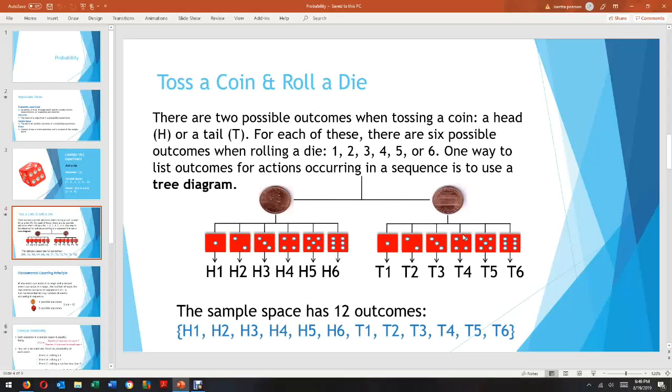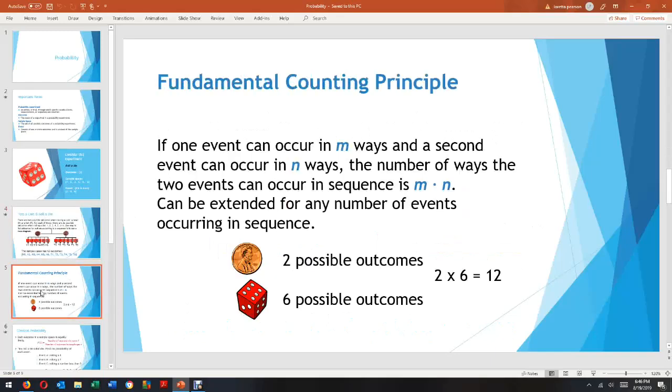So we can see then that in total, the sample space is going to have 12 possible outcomes. And this leads us to what is called the fundamental counting principle. If one event can occur in 2 ways, and a second event can occur in 6 ways, then the number of ways they can occur in sequence is 2 times 6, or 12. And you could extend that to any number of events occurring in sequence.